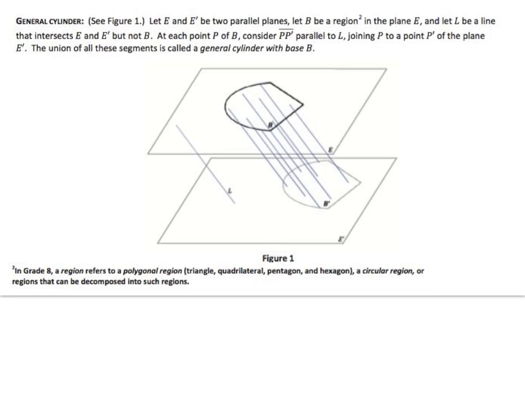At each point P of B, consider P to P prime, which is parallel to L, joining P to a point P prime down there. The union of all these segments is called a general cylinder with base B, right?